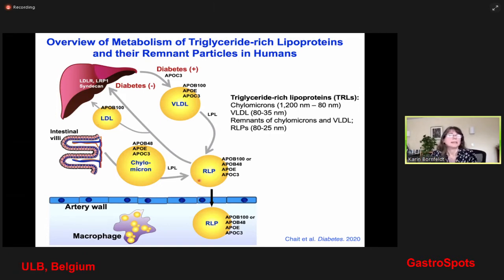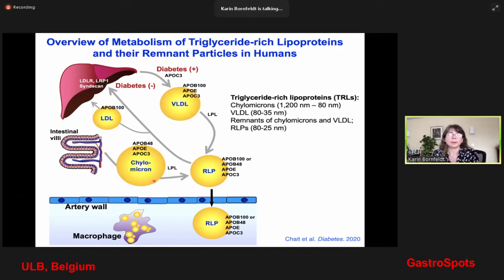These RLPs are cleared through the liver, through LDL receptor family members and through syndecan, or they can accumulate in the artery wall. In humans, diabetes has been shown to increase production of VLDL, especially in cases where you have a triglyceride accumulation in the liver. And also diabetes prevents clearance of these RLPs.